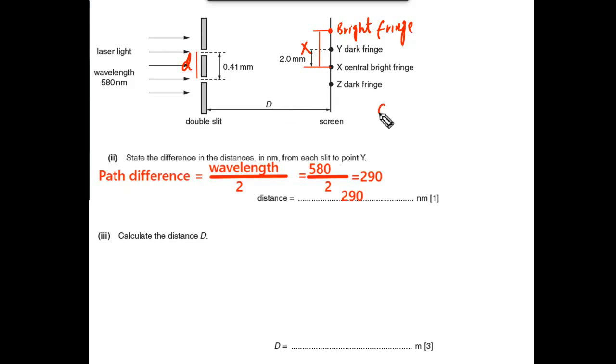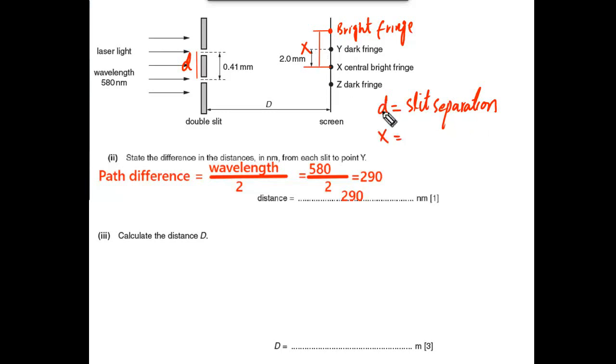So what I have explained to you is that D is called slit separation, from the center of one slit to the center of the next slit. Now the next thing, x.